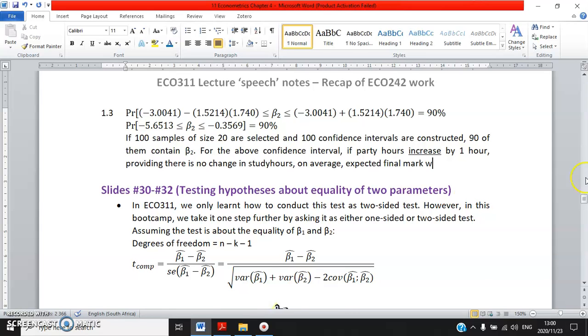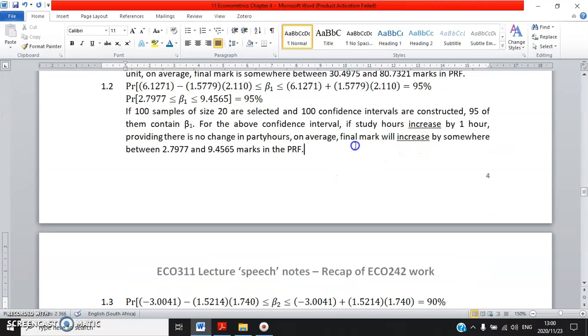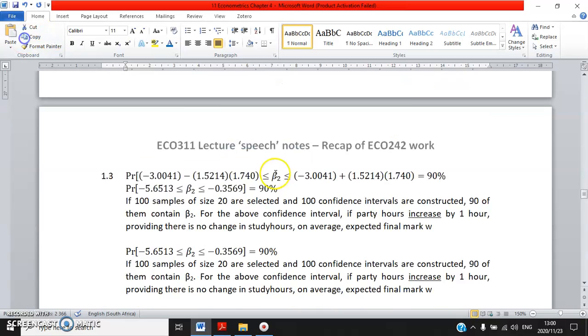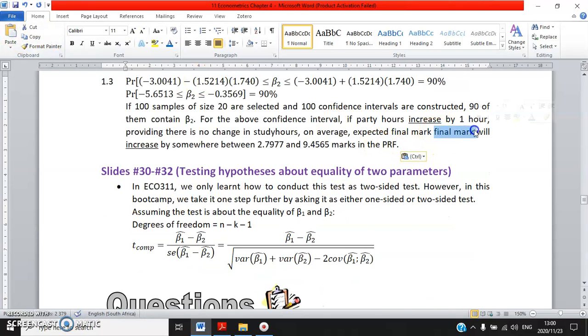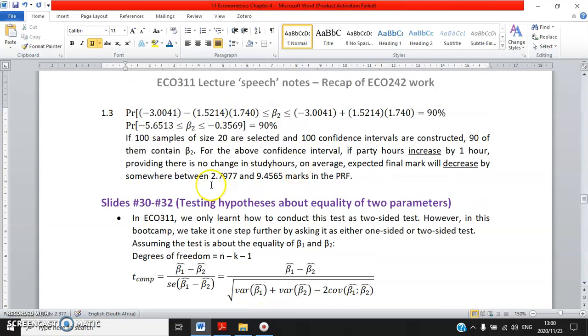Expected final mark would, let me just copy this. Apologies. Final mark will decrease by somewhere between 0.53569 and 5.6513 marks in the PRF. Apologies, and I also have to amend the study guide actually.